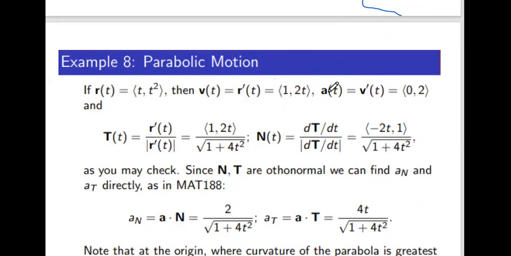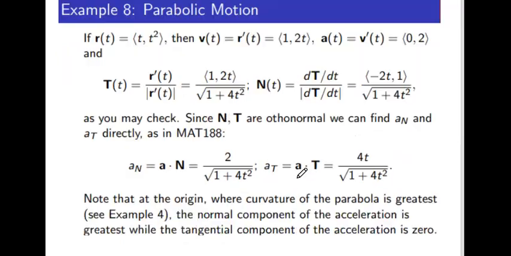That gives you the tangential component of the acceleration. If you want to find the normal component of the acceleration, take the dot product of this acceleration with the unit normal, and that gives you the normal component of the acceleration.